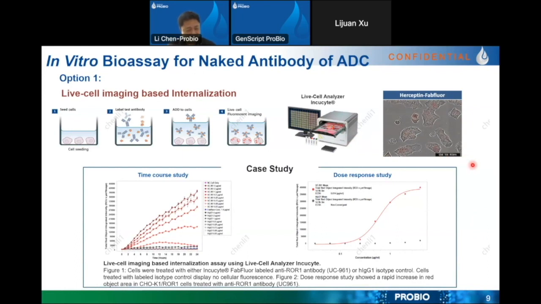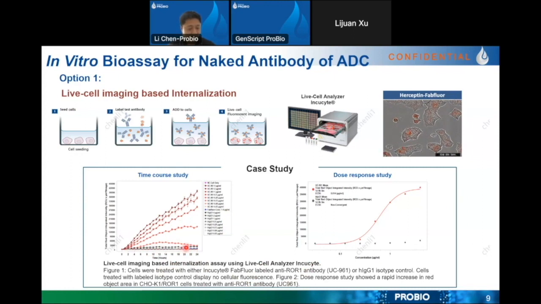The key feature of this equipment is to generate internalization kinetics with a time course. As you can see from the case study of anti-RR1 ADC in the bottom panel, for each defined antibody concentration of the benchmark UC961, there will be a curve reflecting the intensity of the internalization on the time axis.